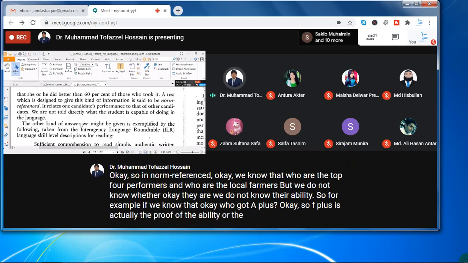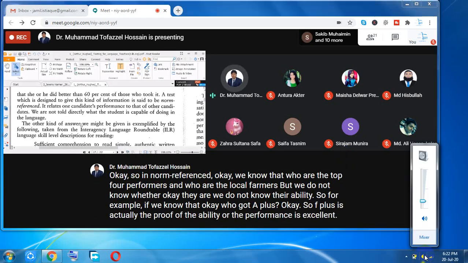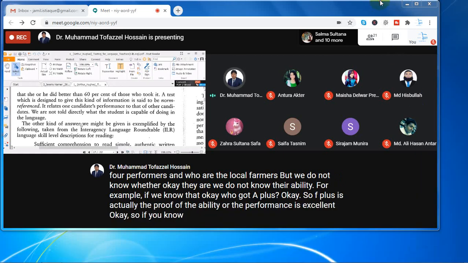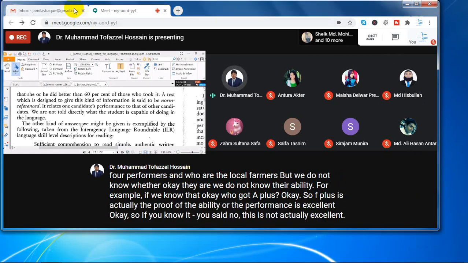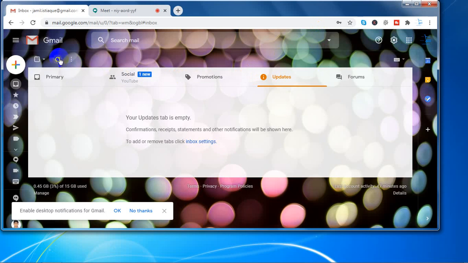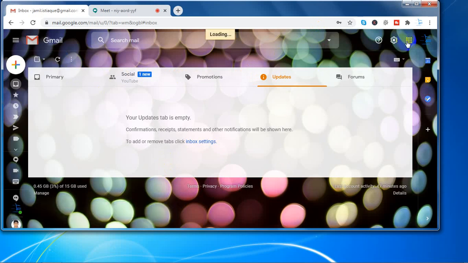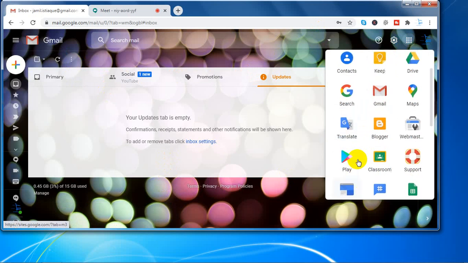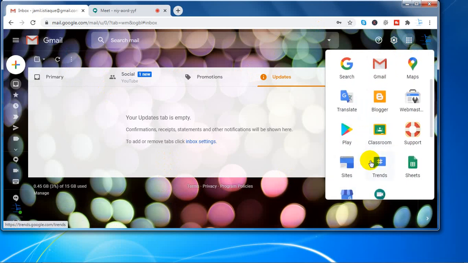The performance is excellent. If you know A minus, you will say this is not actually excellent, rather good. But if you know only the percent, then it will never be possible to know their performance level.